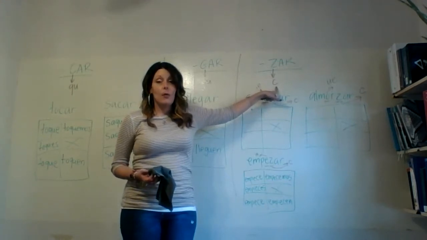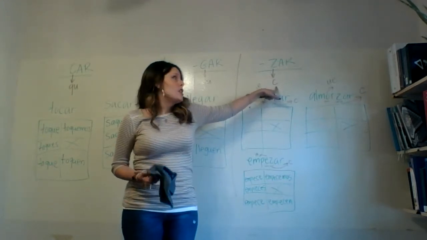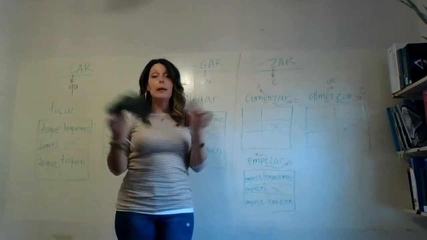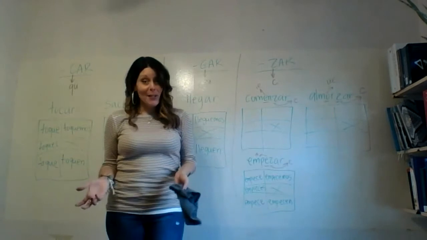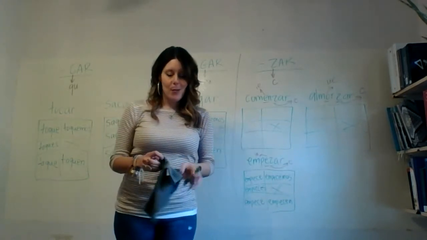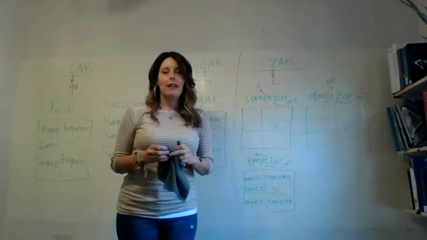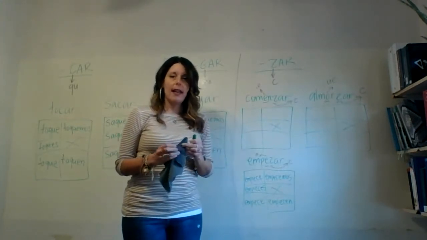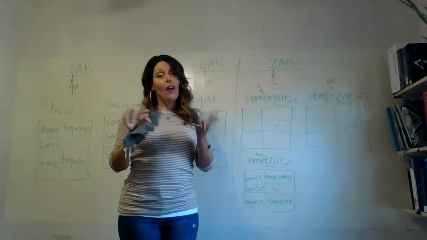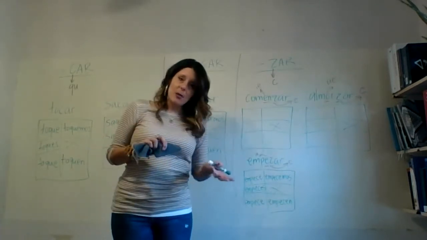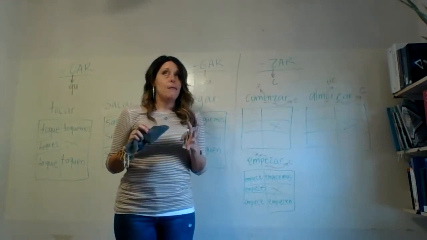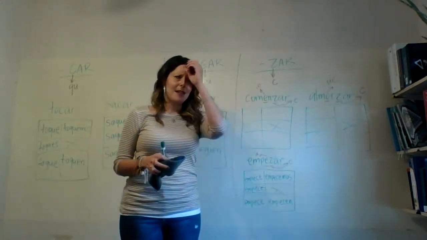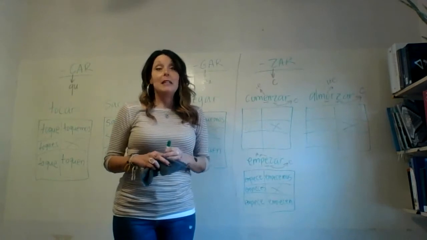Just because there are actually reasons for which these spelling changes occur. If anybody really wants to know why this changes to a C or a GU or a QU, let me know. I have the answer, I can tell you, but for anybody who doesn't care, I don't want to bore you with it. It just has everything to do with hard vowel sounds and soft vowel sounds. I can give you an in-depth explanation on your own time.